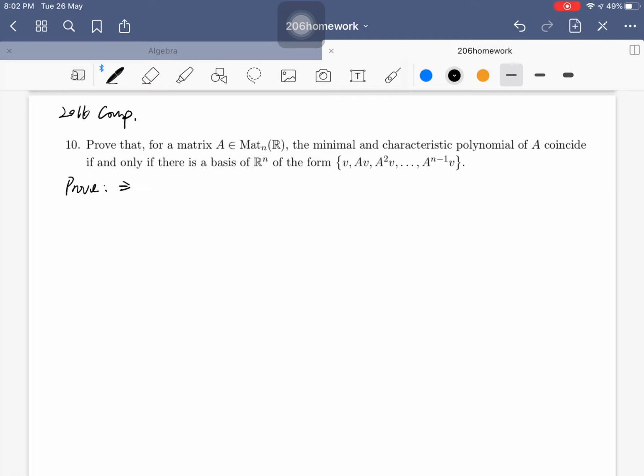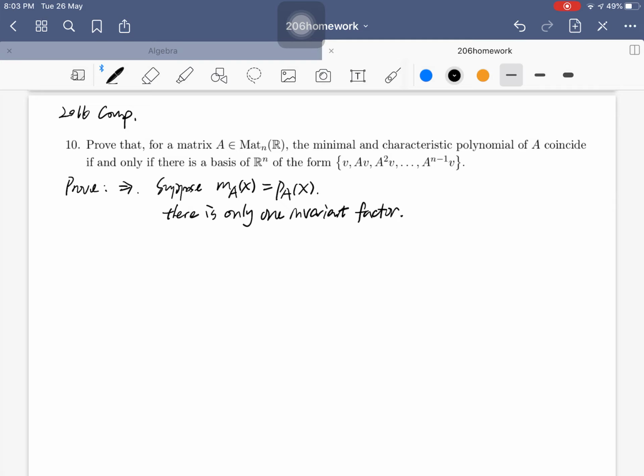Suppose the minimal polynomial of A equals the characteristic polynomial of A. This means that there is only one invariant factor, because the last invariant factor should be equal to the minimal polynomial m_A, and the product of the invariant factors should be equal to the characteristic polynomial.